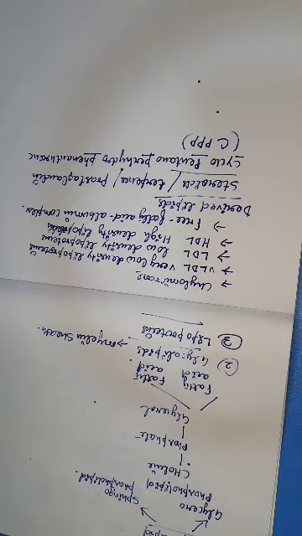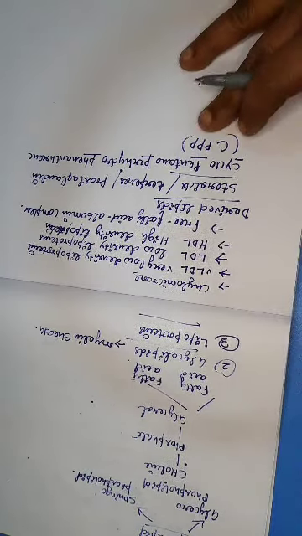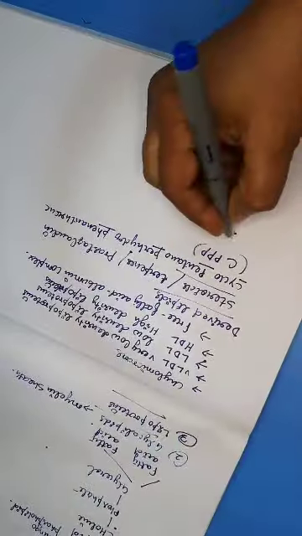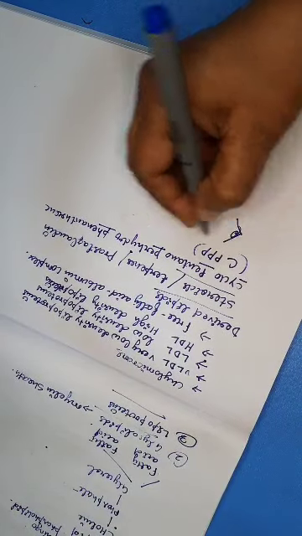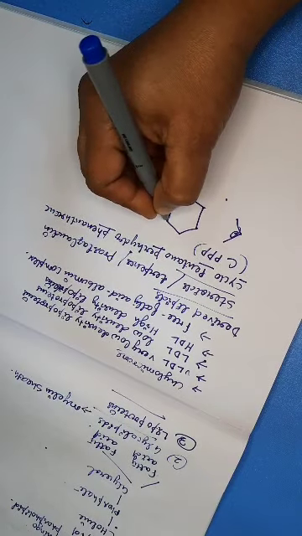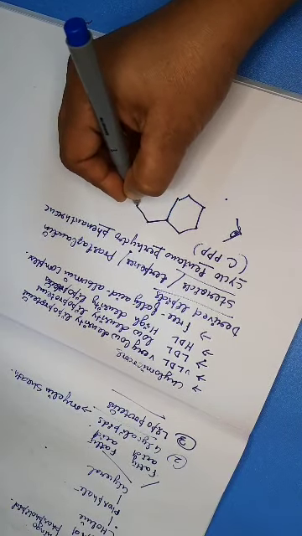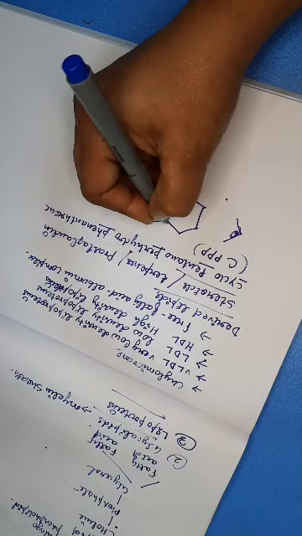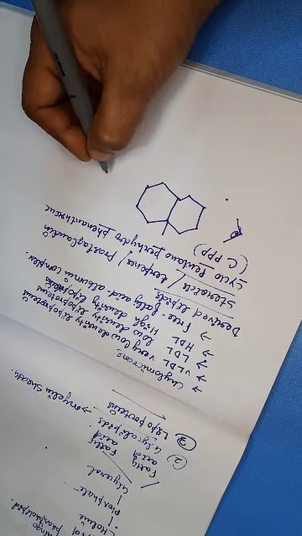So now let us write down the structure of it. It might seem complicated to you, but it is not that complicated. If I just write the skeletal structure, it will be having 2 hexagonal rings attached to it. Here there will be some side chain substitution.